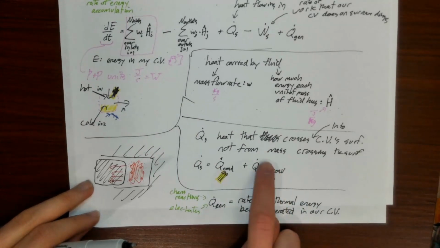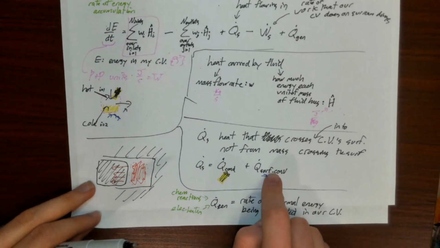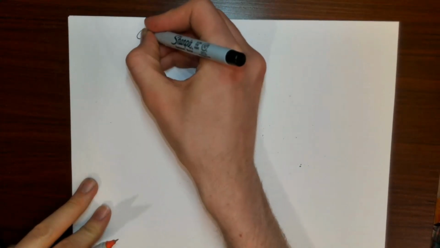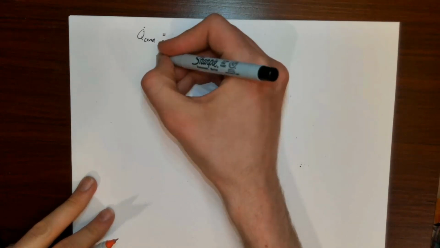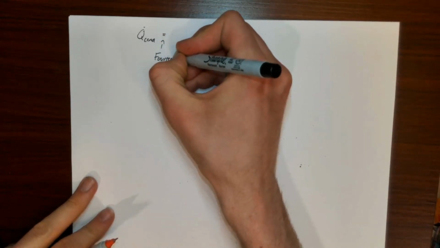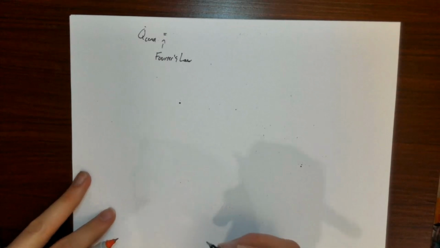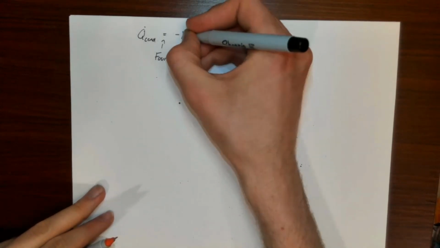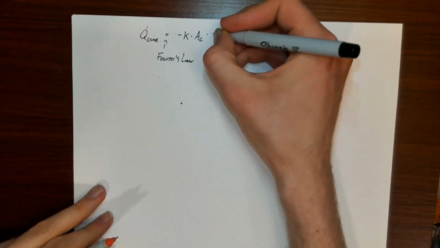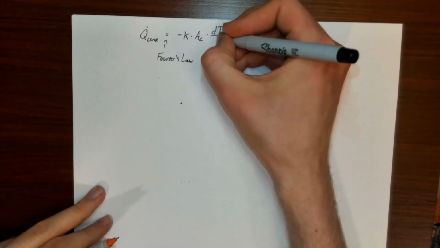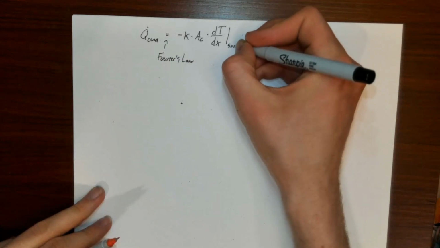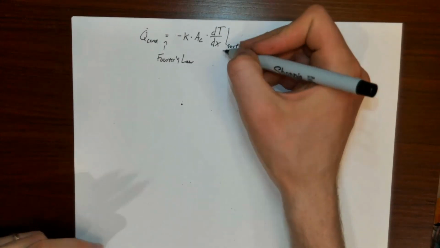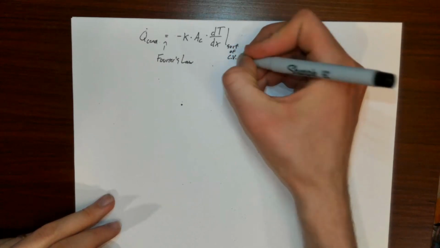Surface convection is something that we're going to cover in a future lecture, but recall that conduction is covered by Fourier's law, which we talked about in the last lecture, and it's minus k times cross-sectional area times dT/dx, and this would of course be evaluated at the surface, whatever part of the surface of my control volume I'm looking at.